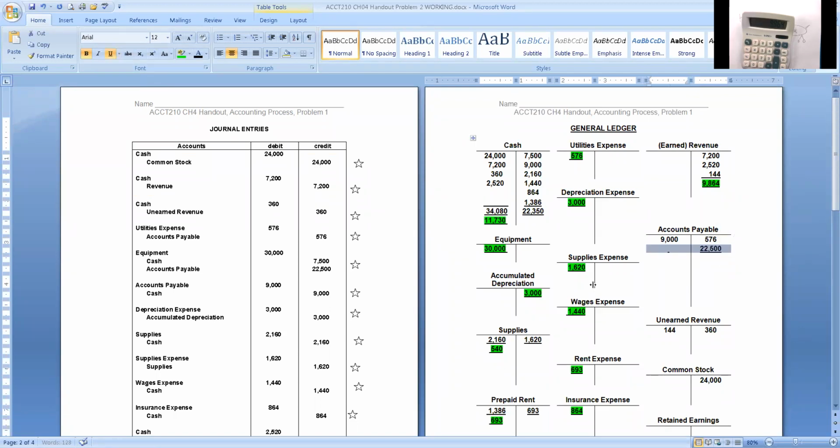Accounts payable. We have 9,000 on the debit side, and on the credit side, we have some other number: $23,076.